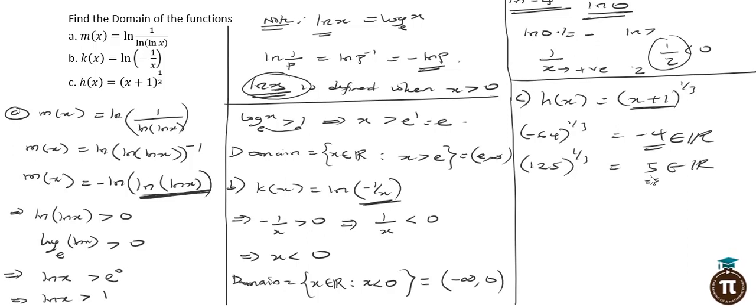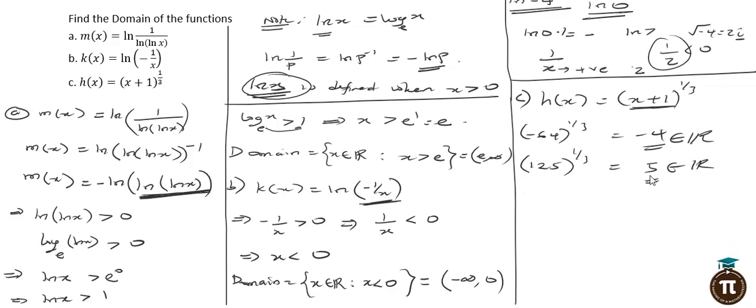Whenever you have square root, it has to be greater than or equal to 0, because if you have square root of minus 4, for example, the answer will be 2i, or plus or minus 2i. But don't forget, i is not in the set of real numbers. So with square root, you have to consider that everything under the square root has to be positive. But since it's cube root, we don't need to consider any case.